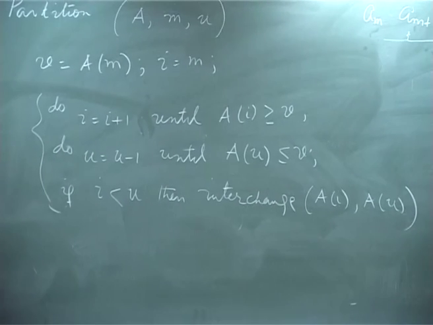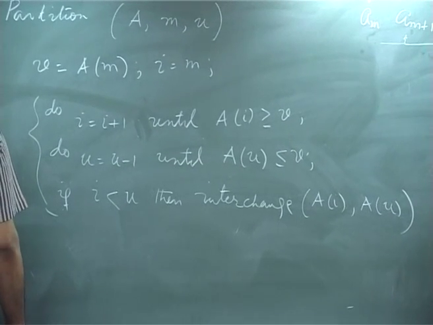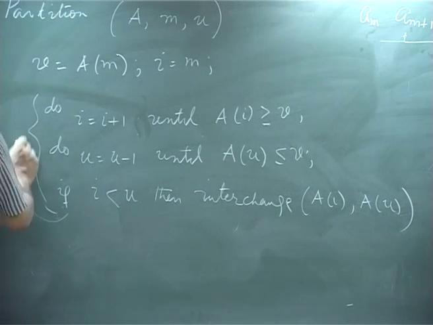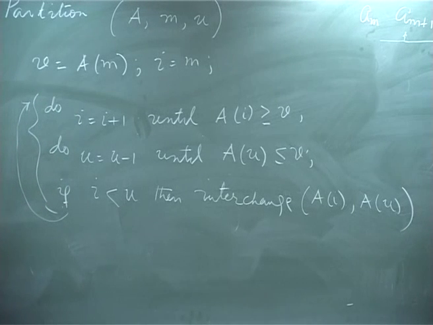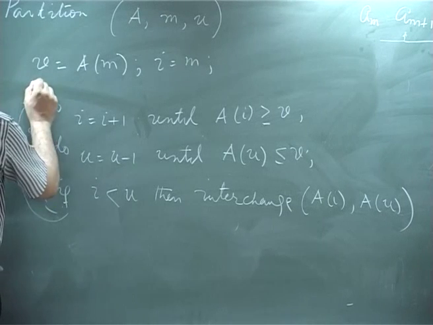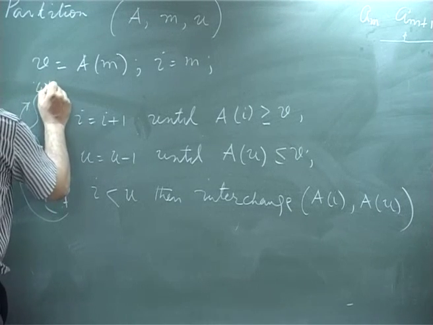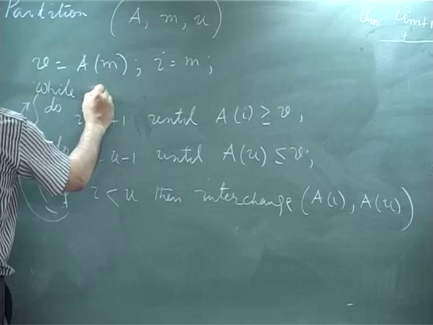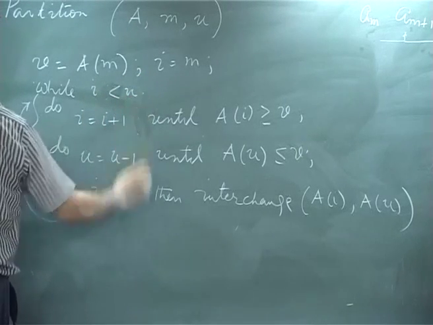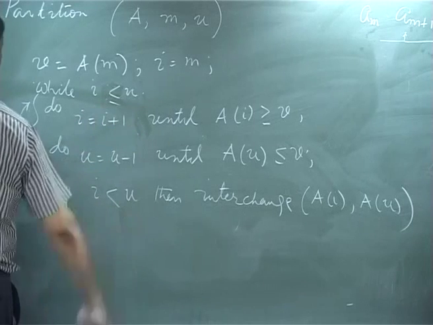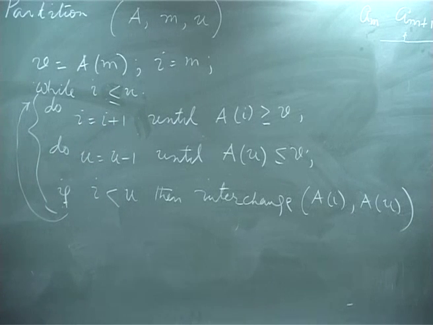After doing this, you repeat till there is a crossover. That is, while I is less than or equal to U, you do all these things.